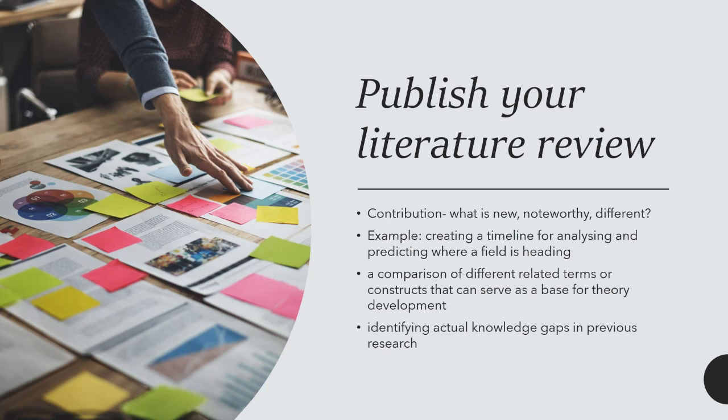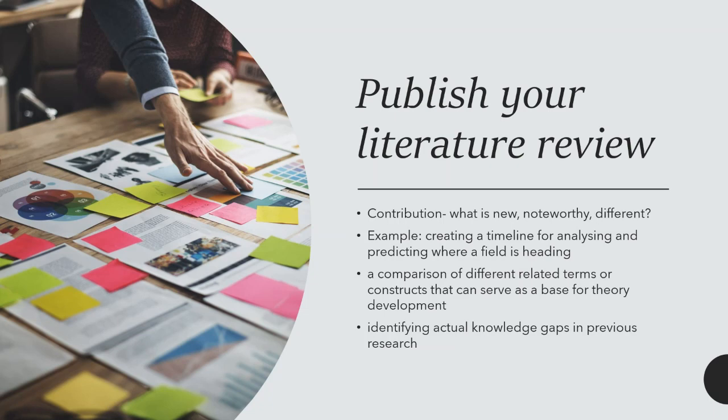So very important, a literature review, especially if you've done a scoping review. Journals are now quite interested in scoping reviews. They are arguing that there is so much replication in knowledge that it's worthwhile to know what the scope of the knowledge in a discipline or within a phenomenon is, and then from there to establish what you can add, and not just keep on redoing the same thing.